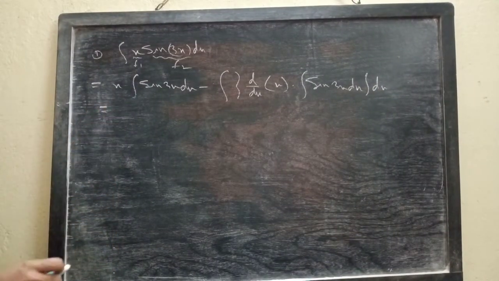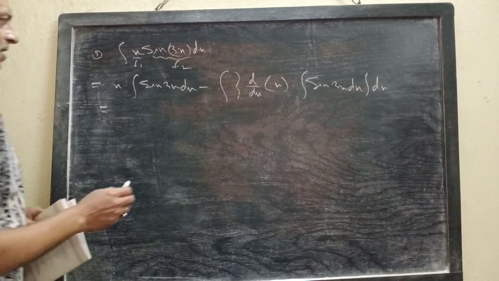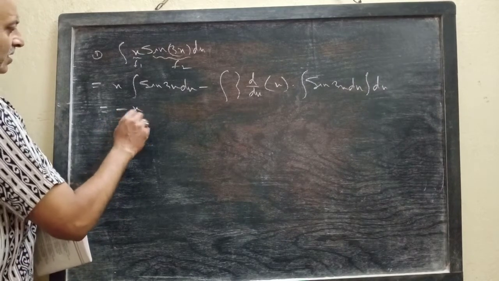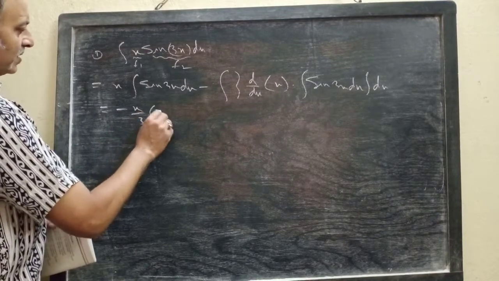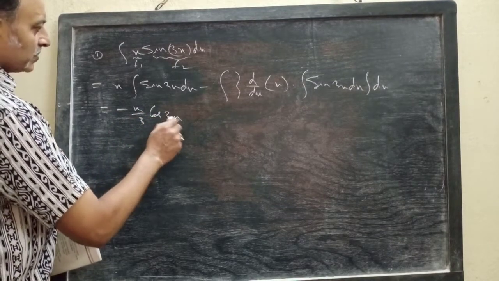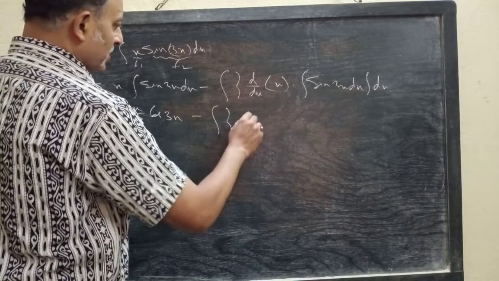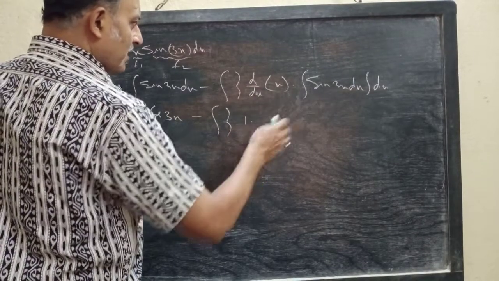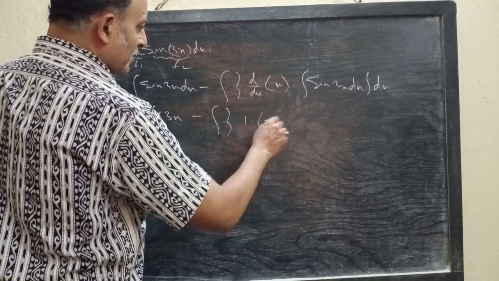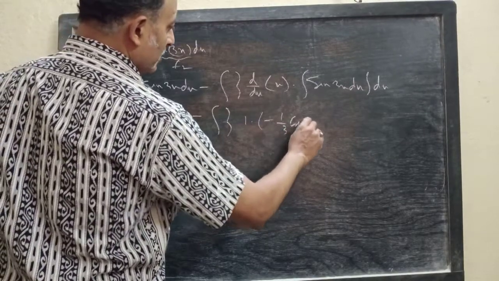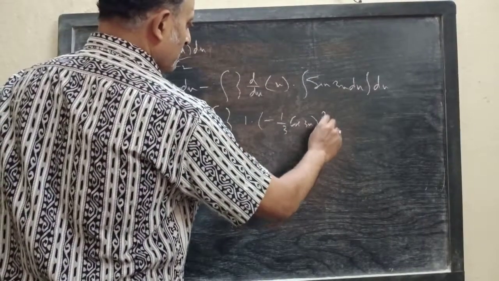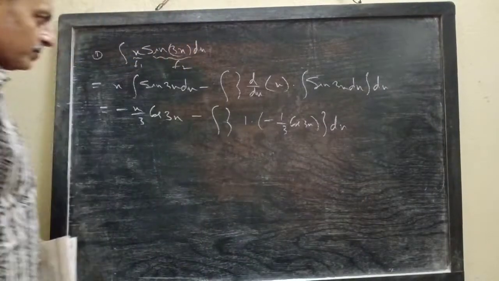Now, what is the integral of sin 3x? This is minus 1 by 3 cos 3x. So we can write minus x by 3 cos 3x, then minus integral, second bracket, dx of x is 1 and sin 3x, its integral is minus 1/3 cos 3x, second bracket closed, dx.